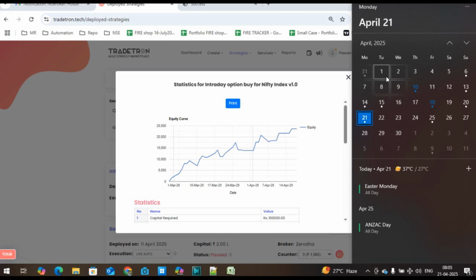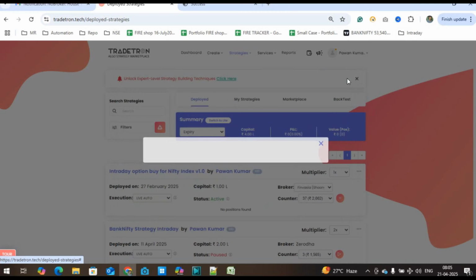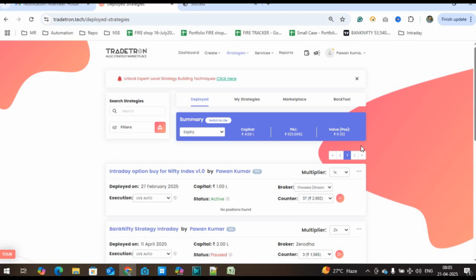I don't think we can find a better example to test this algo. So this is a very good example to test our algo live. And as I mentioned, this is the live algo which I'm using currently.